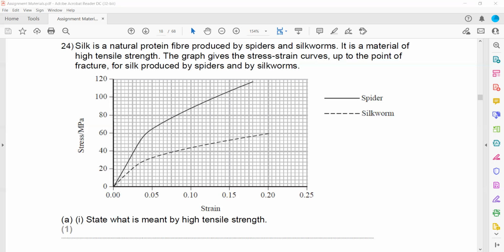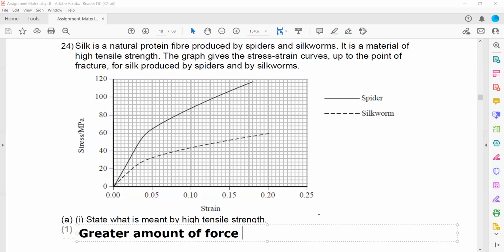It means maximum force or a greater amount of force is needed to break the object, to tear the object. We call that high tensile strength. You can also write the definition: high tensile force on unit area.